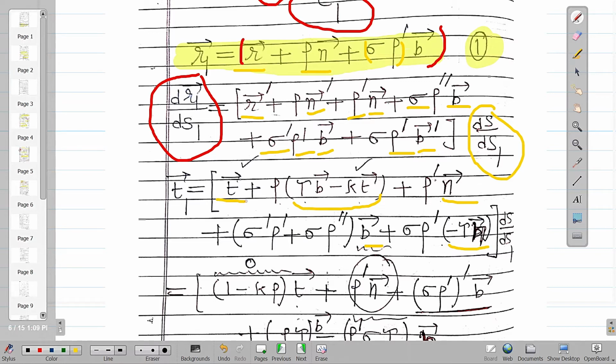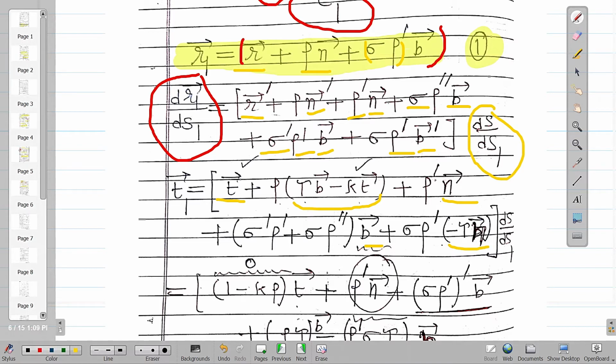Now we combine the coefficient of t vector, then the coefficient of n vector, and then the coefficient of b vector. Now combining all these coefficients of t, n and b vector, what do we get?